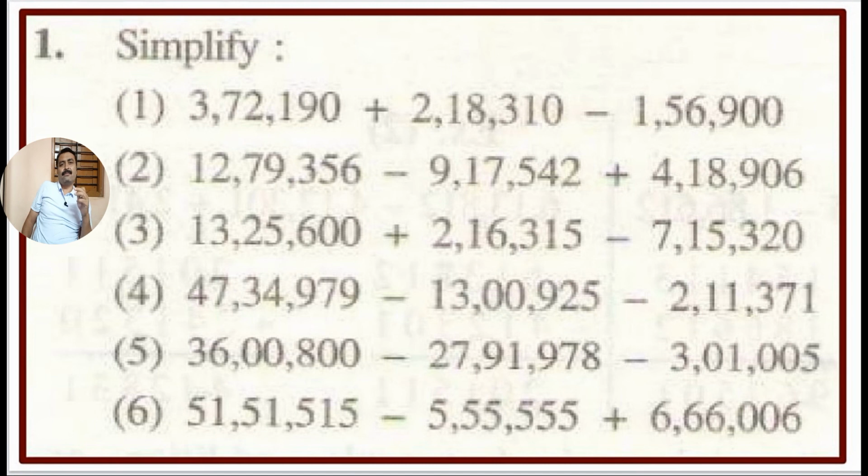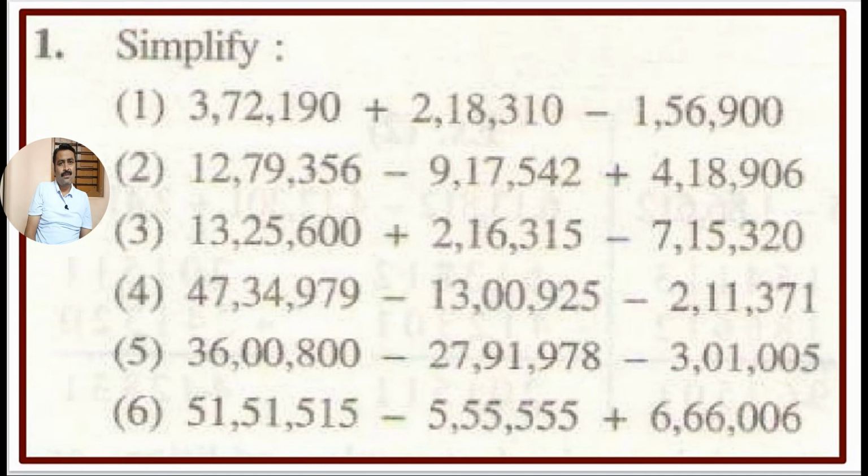In the fourth and fifth examples we have given only one operation, subtraction. So some students say these are not mixed examples, but according to the concept of subtraction, we do the subtraction of 2 numbers at a time only.